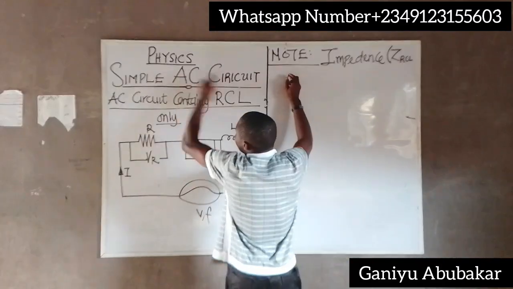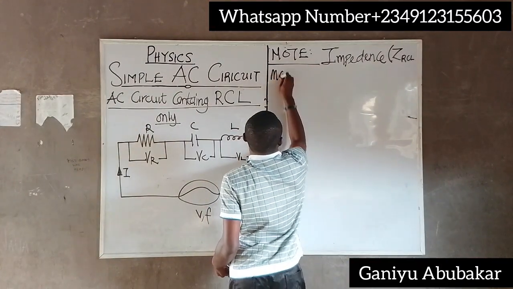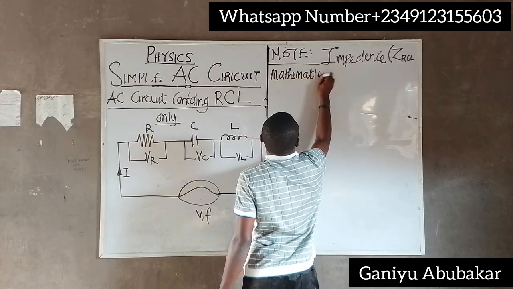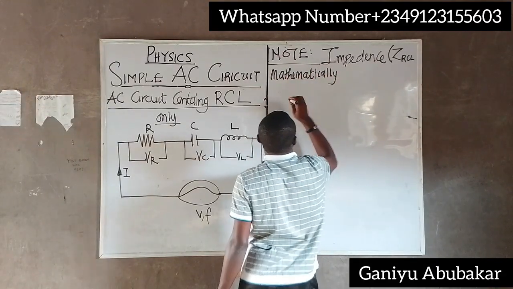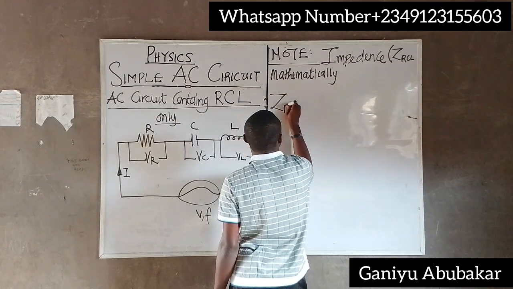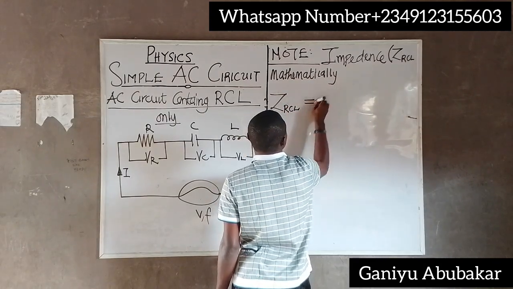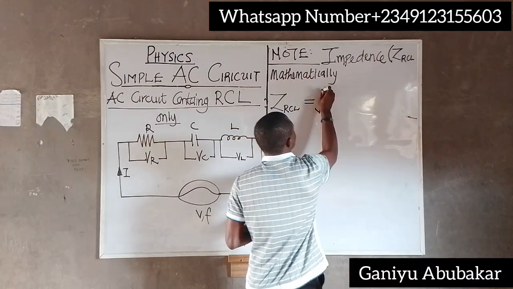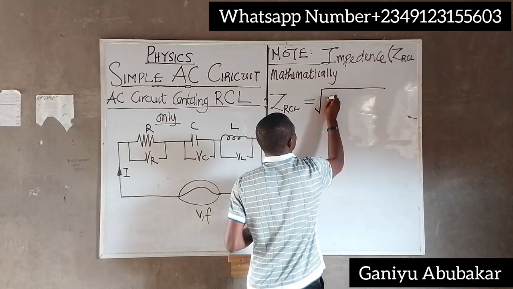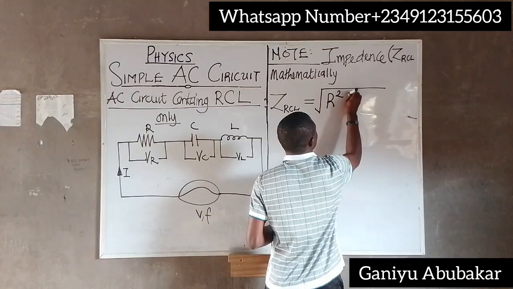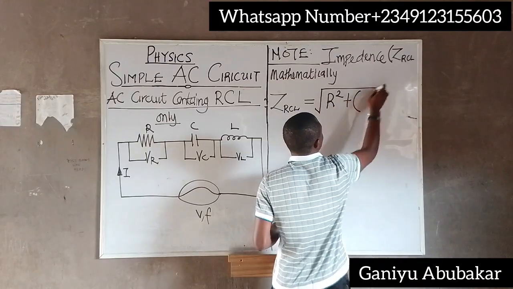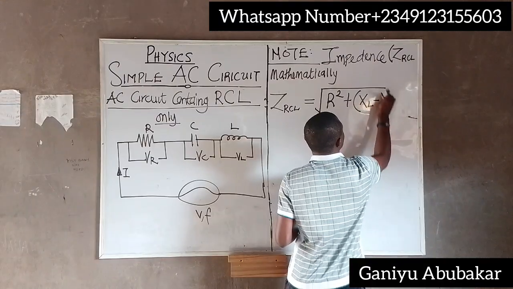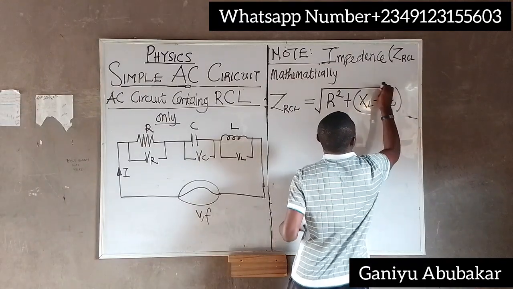Mathematically, the impedance in this case, Z_RCL, is equal to the square root of R squared plus, in brackets, XL minus XC.